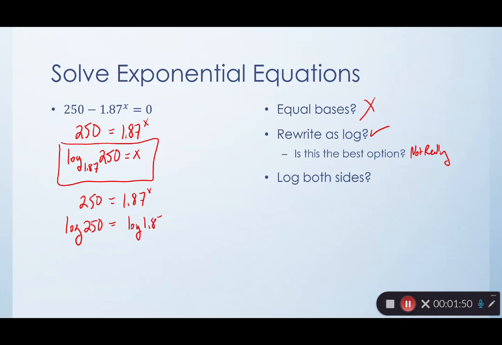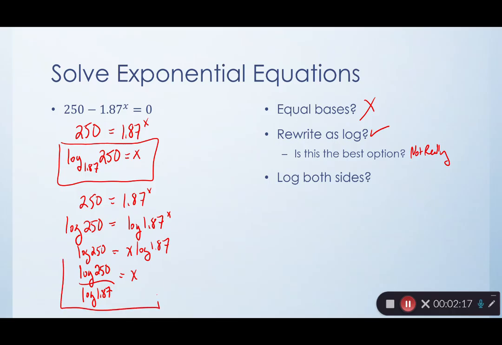And then we're going to use our power rule, which says I can bring that x out front, and I still got log 250 on the other side. Then remembering that log of 1.87 is just a number, we can divide both sides by that. So I've got log 250 over log 1.87.